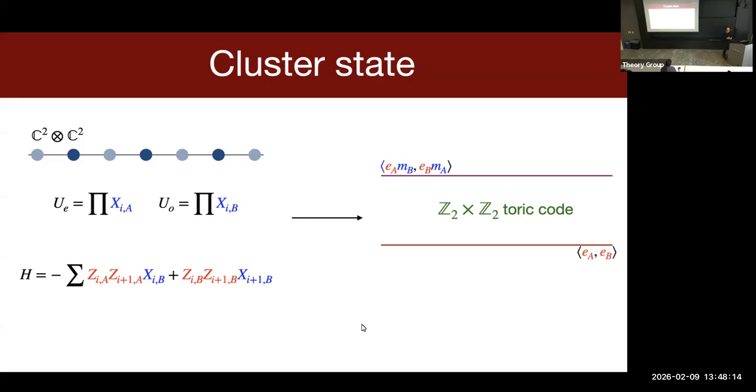And once again, you can eyeball it, because in the Hamiltonian I have some combination of Z, Z's and X that translates to some combinations of e's and m that you can read off from the Hamiltonian. So the claim is that this dynamical boundary condition encodes the universal physics of the cluster state.